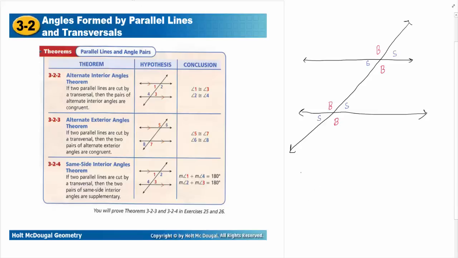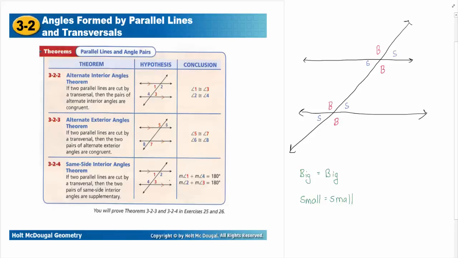I always say the following. I say a big angle is equal to all the other big angles. So if it's obtuse, which is big, they're all equal. You have a small angle, it's equal to all the other small angles. So again, all my small angles are going to be equal to each other.